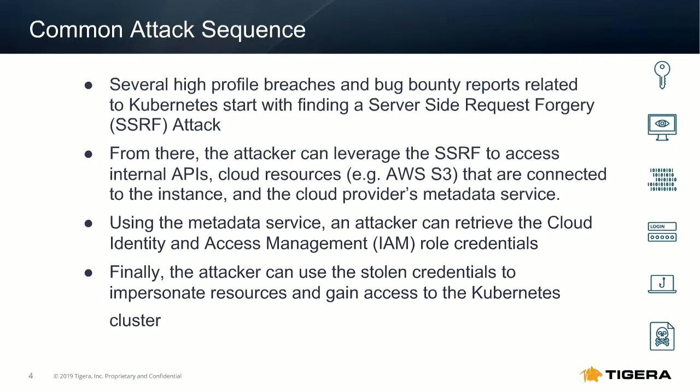With access to the metadata service, the attacker can then retrieve the cloud identity and access management role credentials. And then finally, with the stolen credentials, the attacker can impersonate the resources and gain access to the Kubernetes cluster.